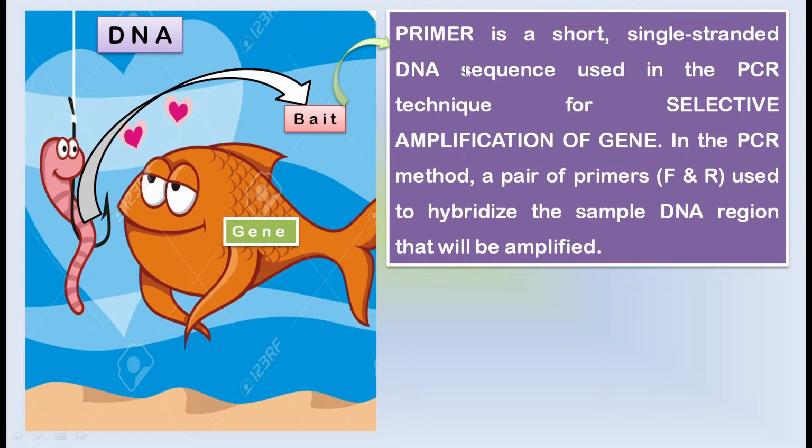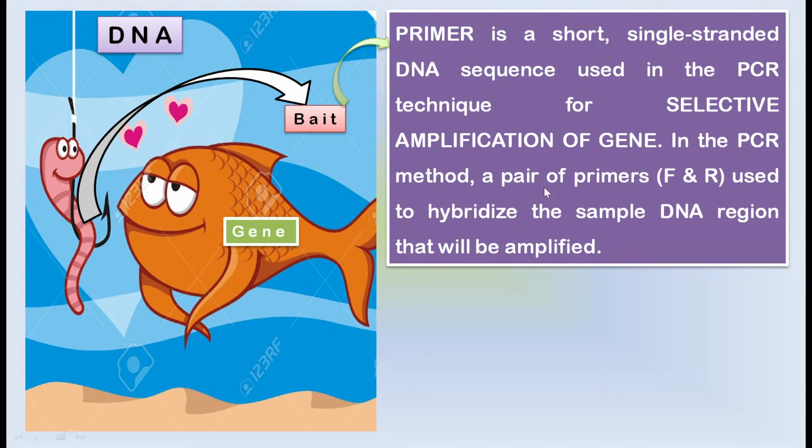What is a primer? A primer is a short single stranded DNA sequence that is used in the PCR technique for selective amplification of a gene. As I said earlier, in the DNA, genes are scattered here and there. If you want to find the selective or desired gene from that ample number of genes, we need to add a specific primer which is specific to that particular gene.